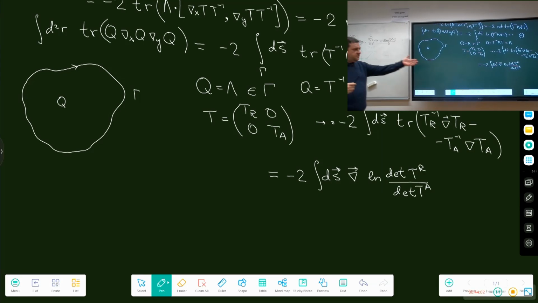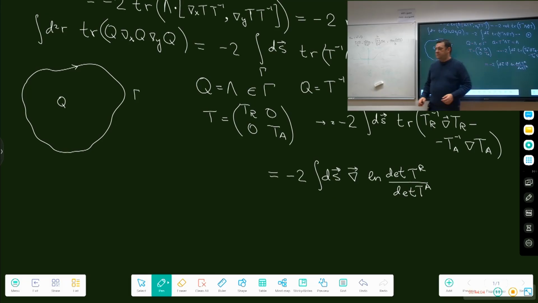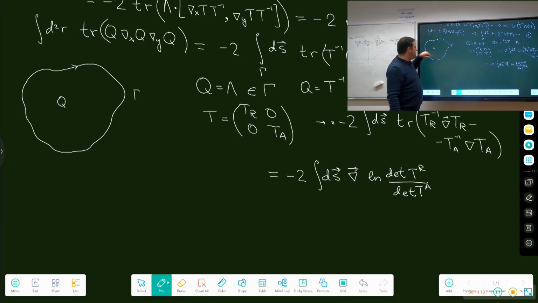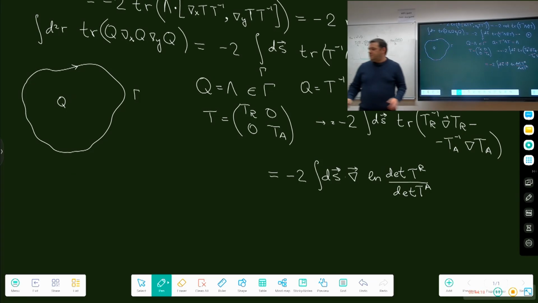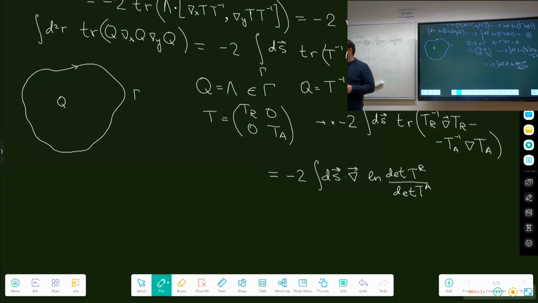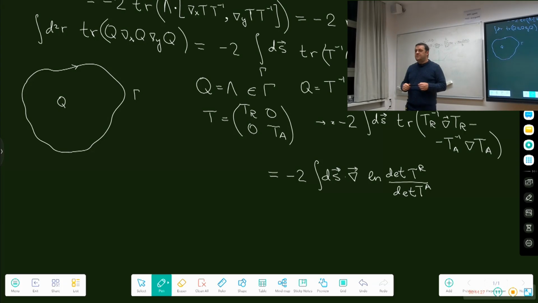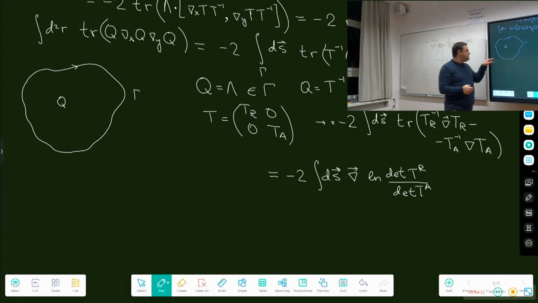And what is the integral of a gradient? We have a line integral, we integrate along the boundary, and the gradient is a vector object. It also has a direction, so we have the scalar product of two vectors. What will be the result of this integral? Well, actually it's just the difference. When you integrate a gradient along a line, you get the value on one end minus the value on the other end.